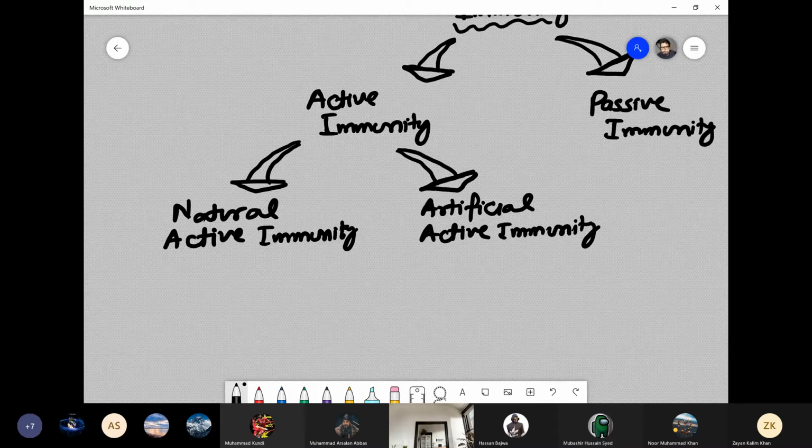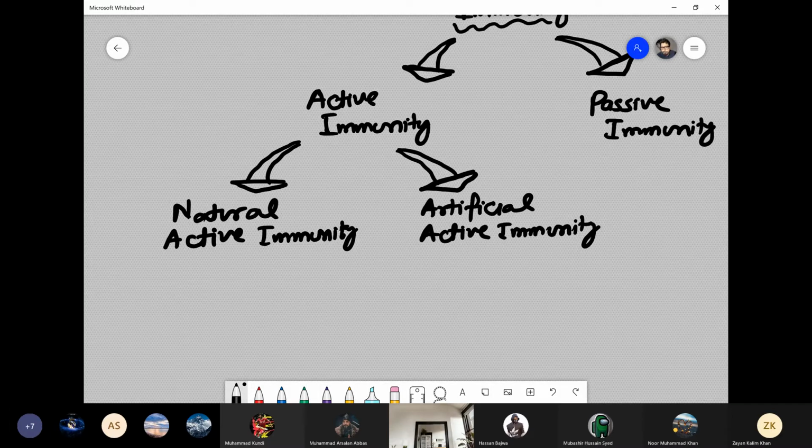Now, just imagine that a pathogen entered into my body naturally. I'm just sitting over here, and without me knowing, the pathogen entered into my body naturally, right? And my own body's white blood cells produced the antibodies against the antigens of that particular pathogen.